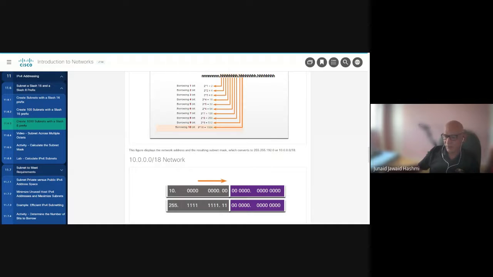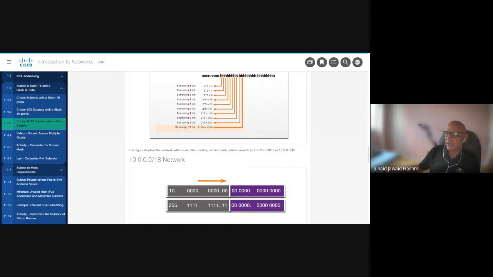Okay, 24 bits gives you how many hosts? That gives you 16,777,216. No way you will have all these hosts in one network.